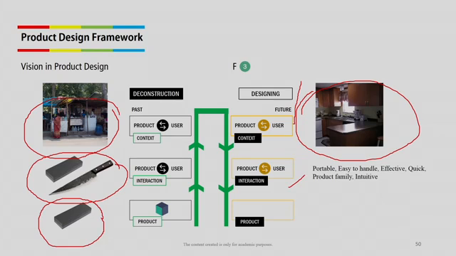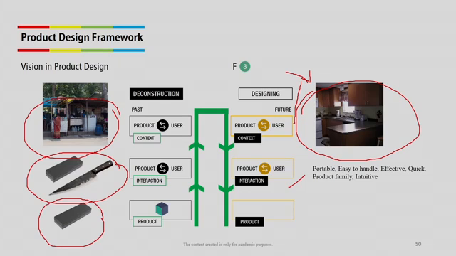For example, if you go and see street food vendors, in most cases they use stones to sharpen their knives. If I would like to design a product to sharpen knives in the house kitchen, then I have to see what the keywords and the nature of the product should be.